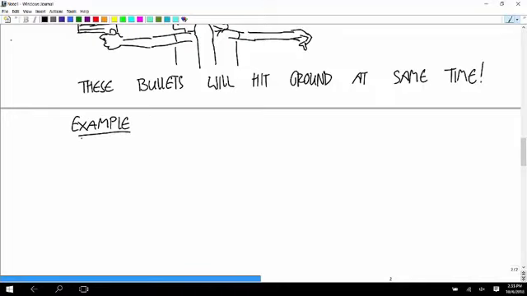Okay, so let's say that both are dropped from a height of 1 meter. Or the one's fired horizontally from a height of 1 meter and the other one's dropped from 1 meter.